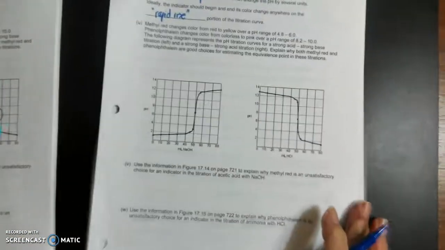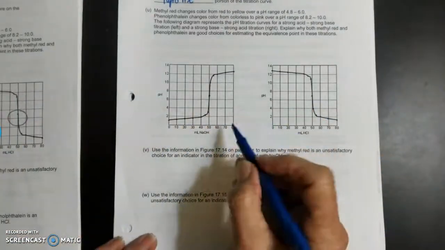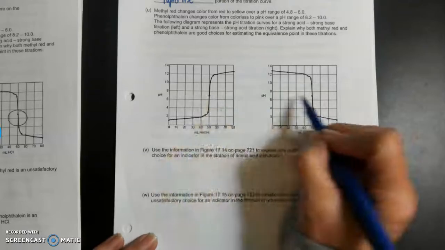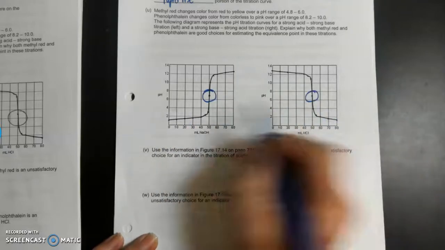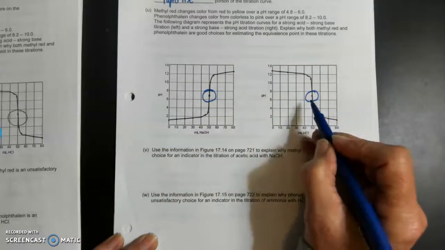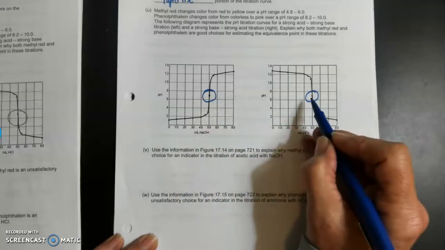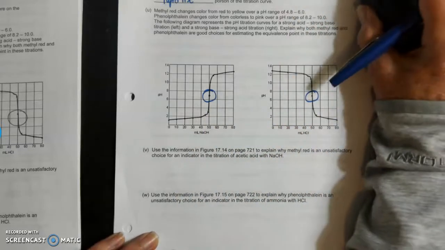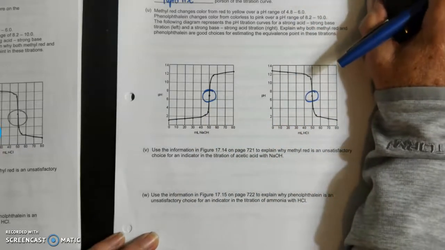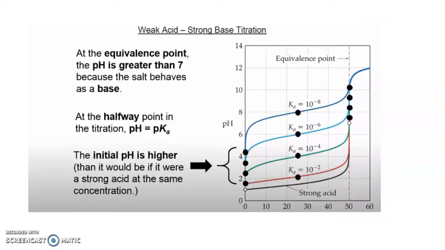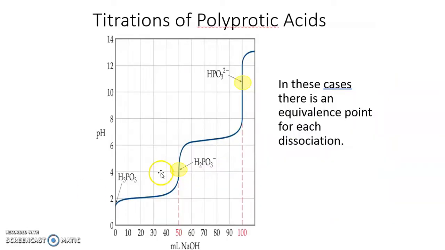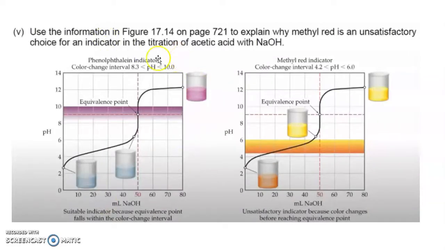So what we do is we look at our curve and we say, okay, I need an indicator that is going to work effectively in these ranges. So I'm going to show you an example of this.